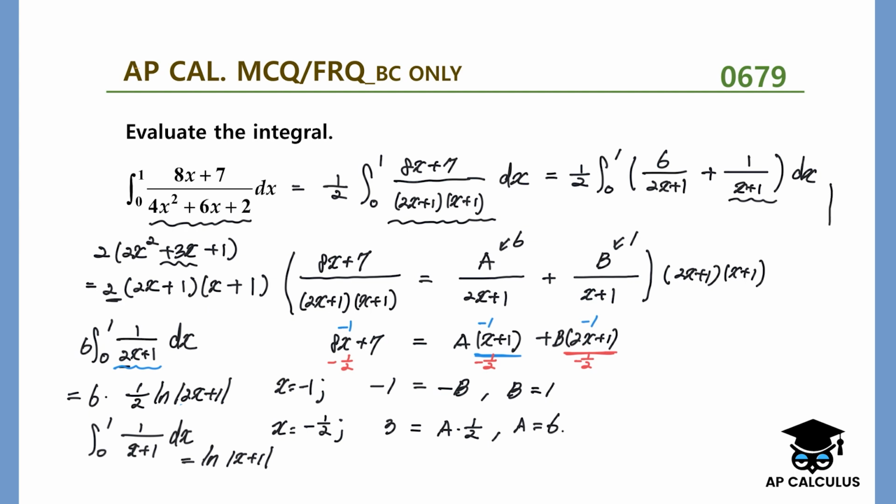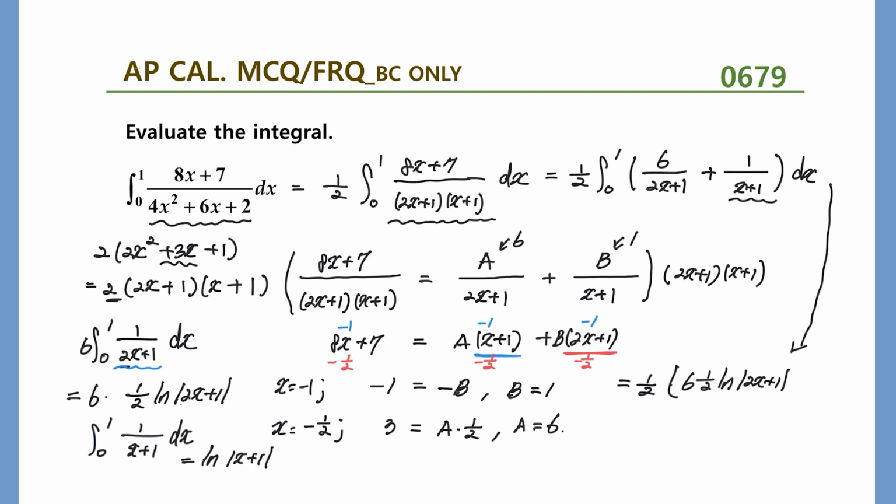So if we rewrite the antiderivative of this expression, that is equal to 1/2 times, 6 times 1/2 natural log of 2x + 1, plus natural log of x + 1, from 0 to 1, right?